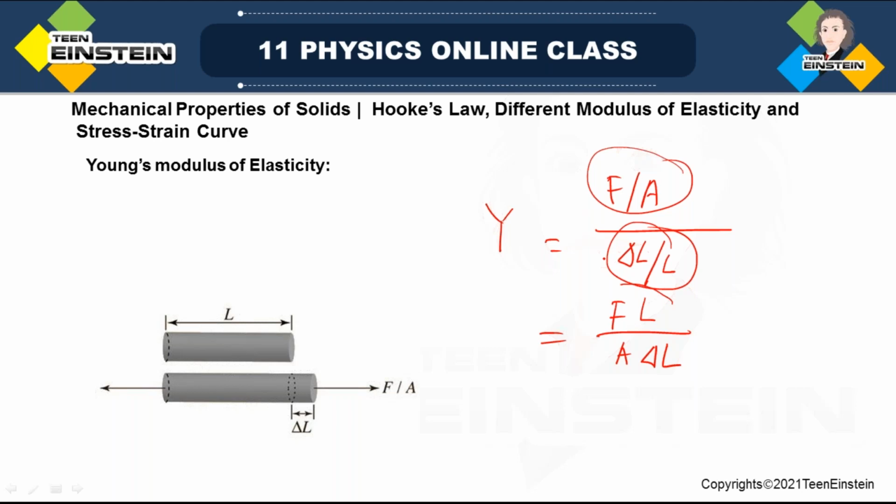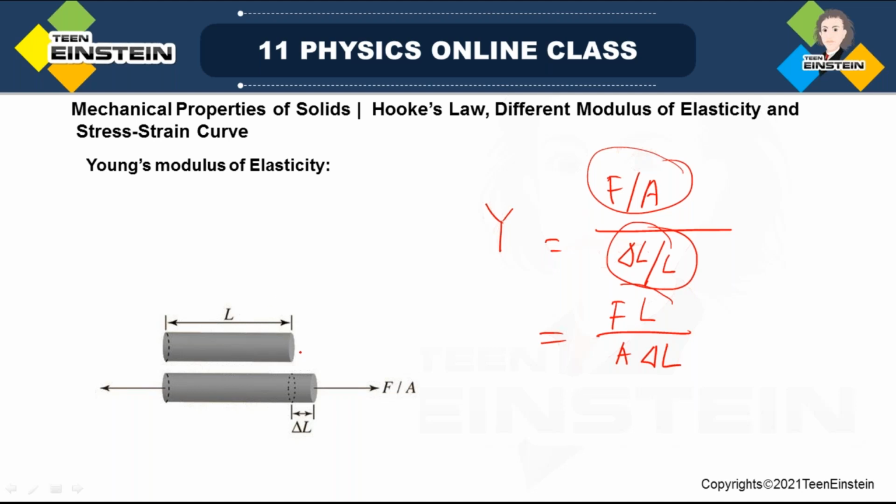And as I said, it has unit Newton per meter square, and the dimension is M L to the power minus 1 T to the power minus 2. So this was Young's modulus.